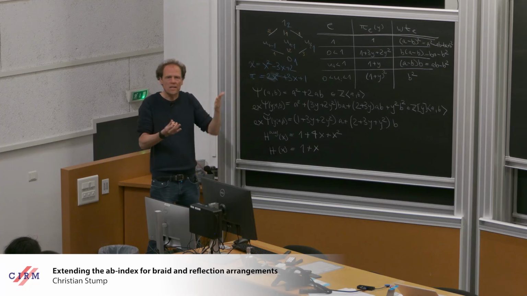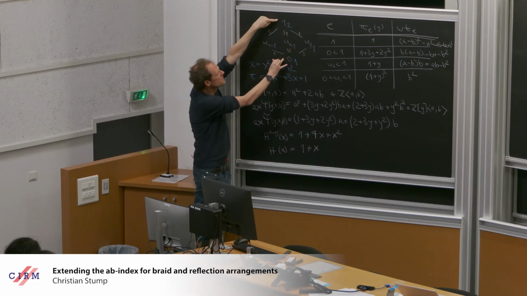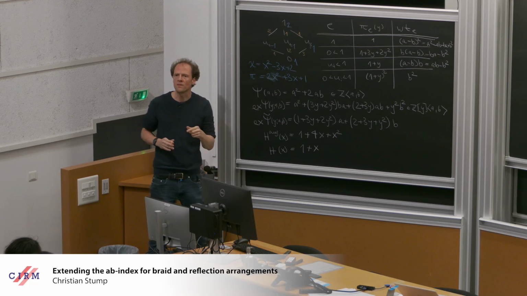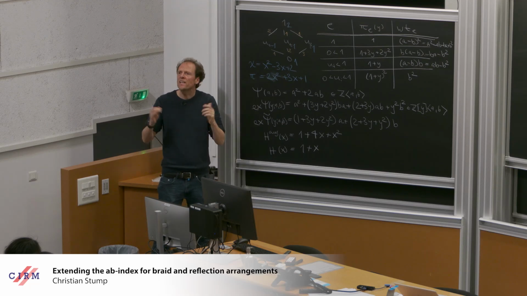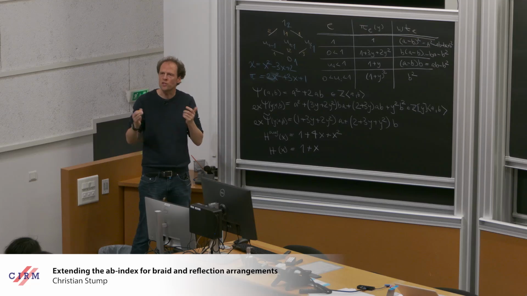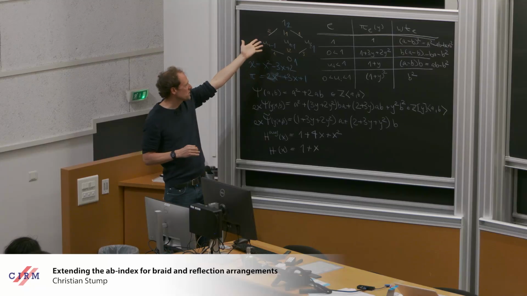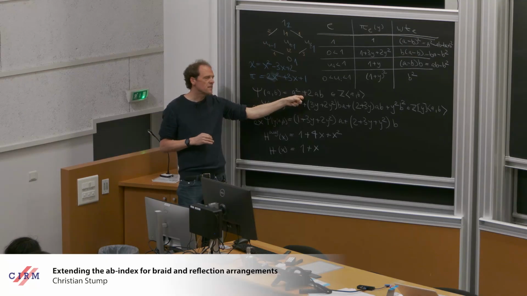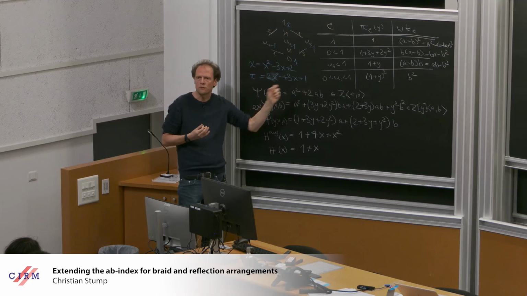The only interval that actually is interesting in this case is the full interval, and you see there is one increasing chain. Yeah? For example, EL labelings, which you use to shell posets, to shell simplicial complexes. EL labelings are special cases of R labelings. And if the poset has an R labeling, then the AB index is always non-negative. But in general, it can have negative coefficients.